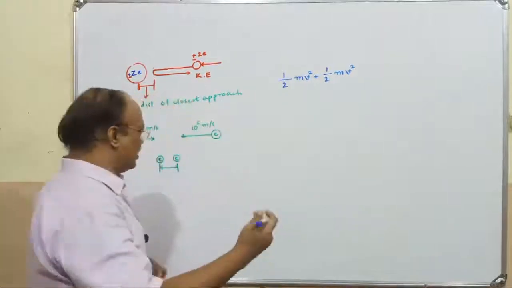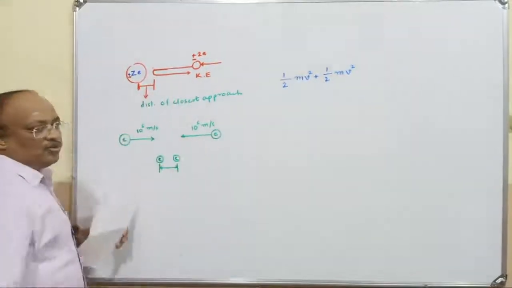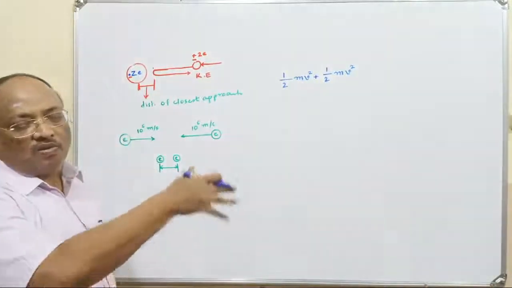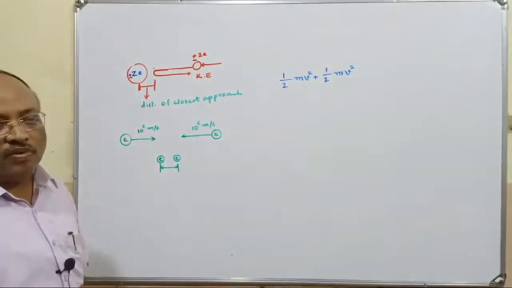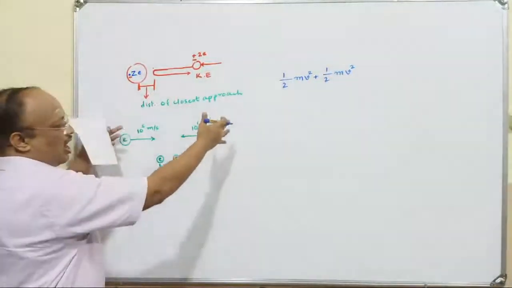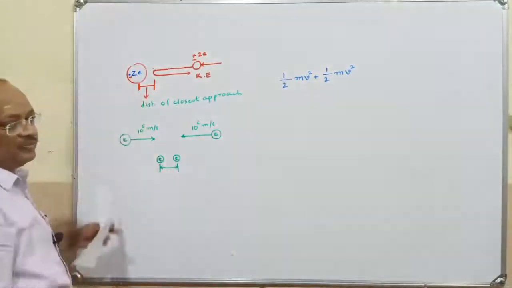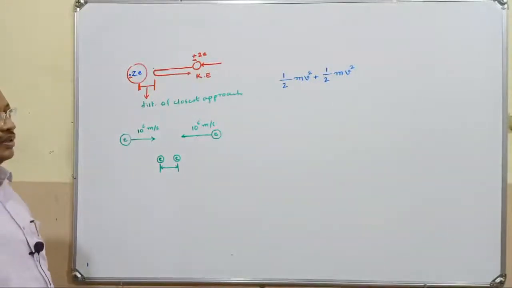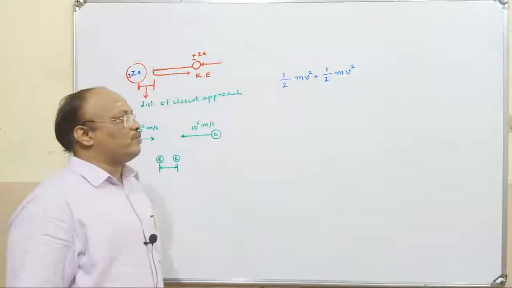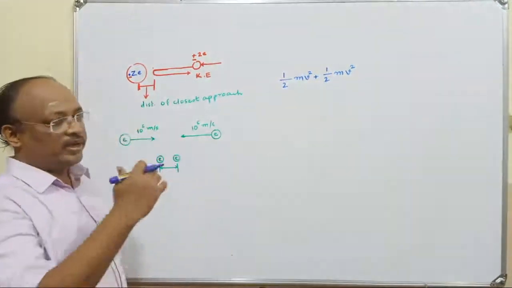No need to take the directions, which are opposite to one another, or one positive and negative, because energy is a scalar quantity. So the total kinetic energy of this system is 1/2 mv square plus 1/2 mv square.